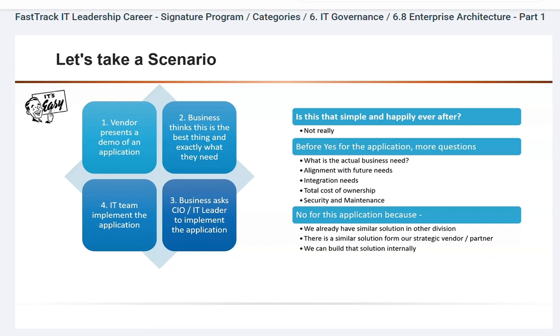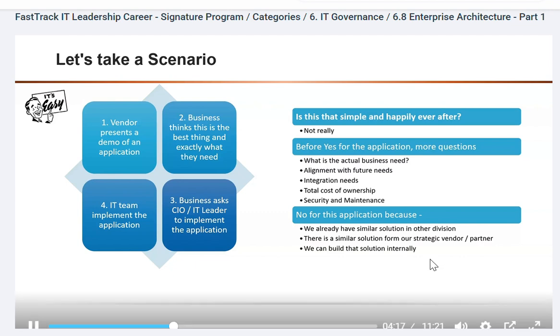A strategic vendor has a strong relationship, and you may be taking more services from them than just one or two applications. And also, the more vendors you have in your portfolio, the more it adds in terms of maintenance. So if it is a strategic vendor, you'll have an account partner, it's easy to reach them and make them accountable. So there are a lot of advantages to looking for solutions with a strategic vendor.